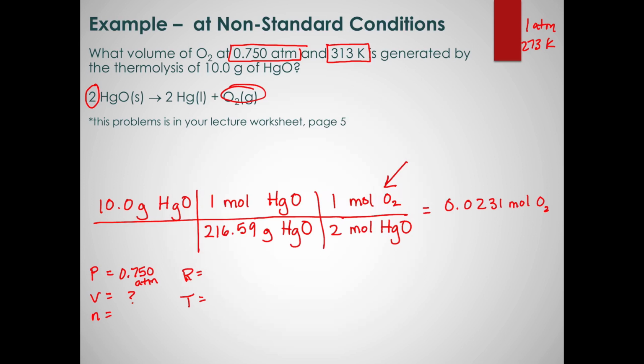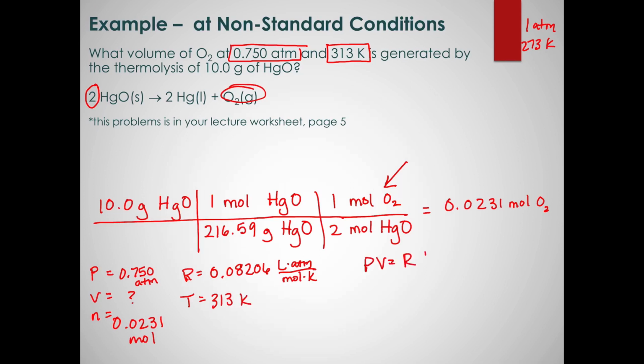Our volume is what we're trying to find. We have our number of moles, 0.0231. R is always a constant, 0.08206. And we have 313 Kelvin.